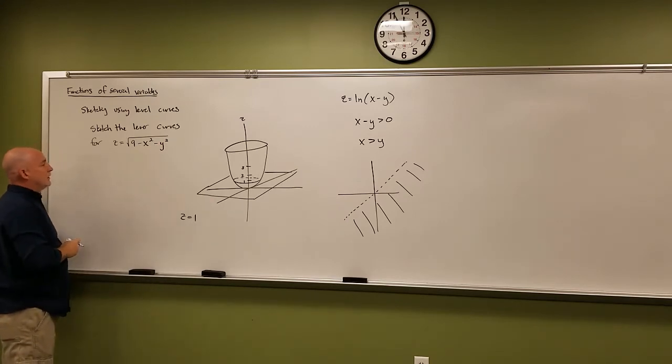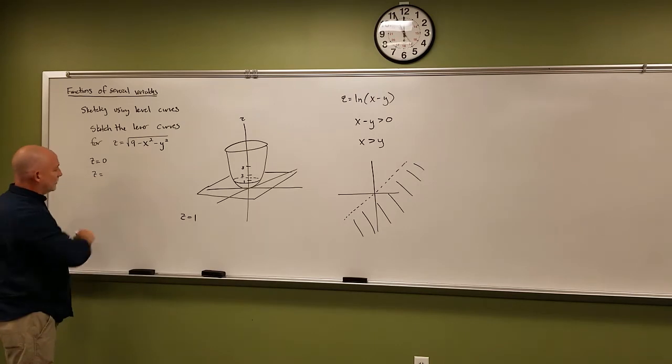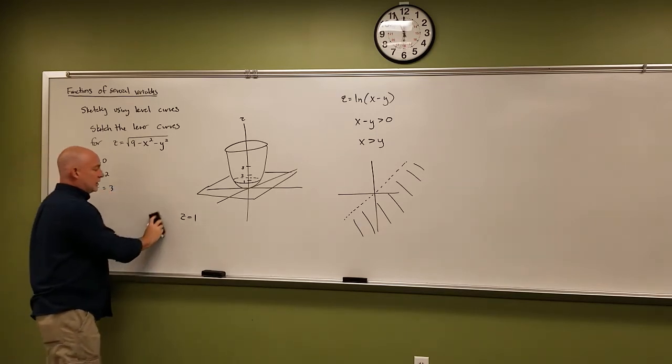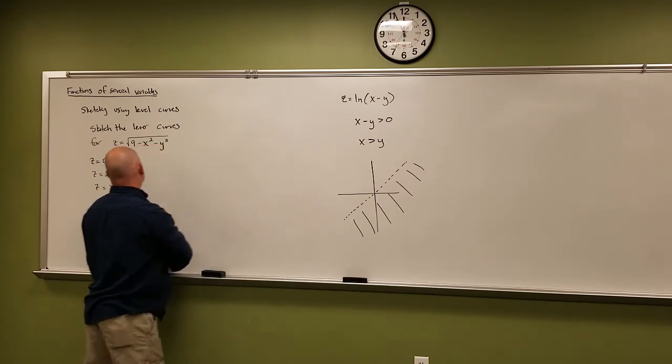If we wanted to sketch it, generally they're going to give you z values. Let z be equal to 0. Let z be equal to 2. Let z be equal to 3. All that kind of stuff. So they're generally going to give you z values. Let's see what happens when we plug these in.